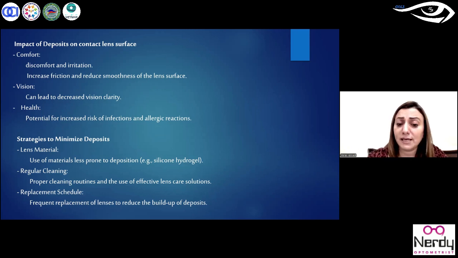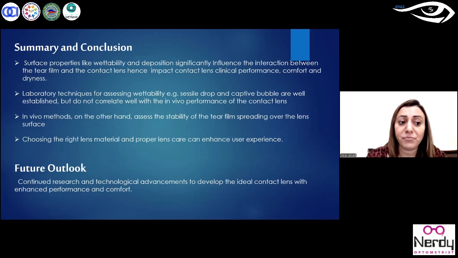Advise your patient to do regular cleaning for their lenses, and not to top up the solution, because if you top it up without cleaning, it builds contaminants, and they can deposit on the surface of the lens. The replacement schedule, do not overuse contact lenses. We all know that we should be strict with the specified time.